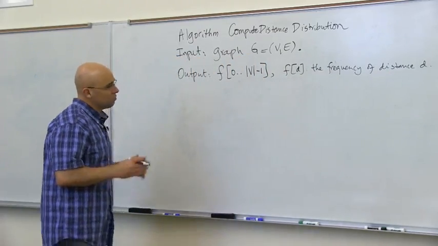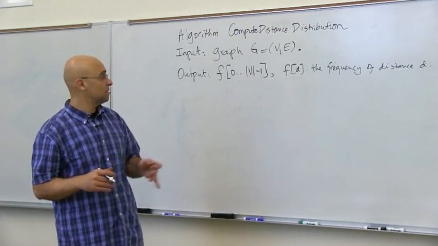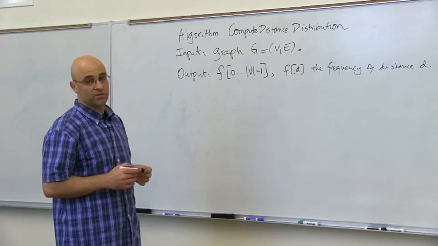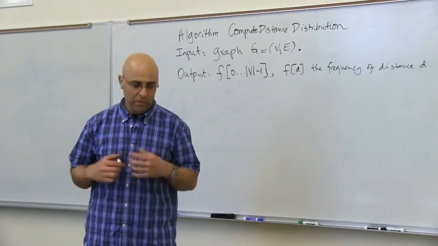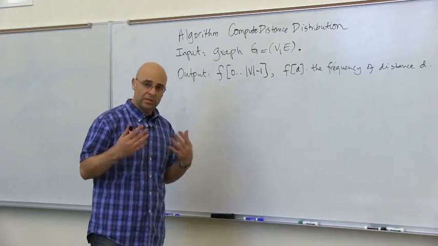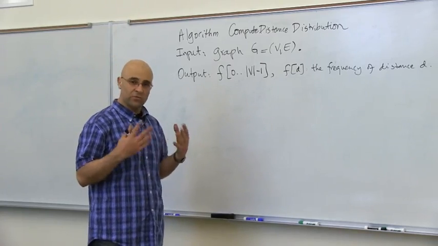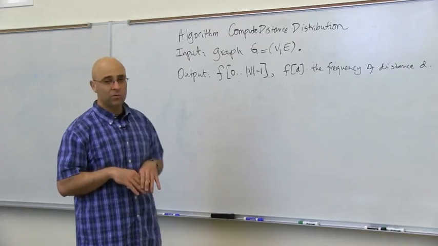Okay? So how would we compute this output from a graph? The way to do it is that, again, usually algorithms have to initialize things. Before I start computing anything, what are the frequencies?